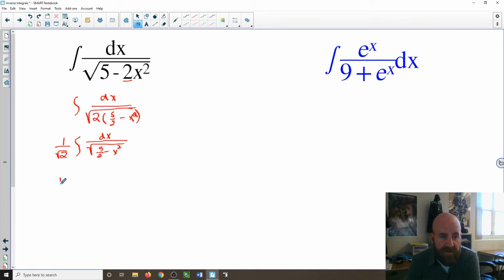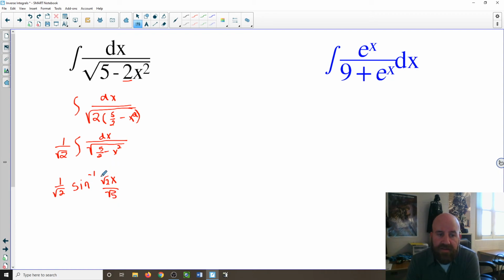So when we write this out, we have arc sine. So we have x divided by square root of 5/2. So if I flip it, we have root 2 over root 5.